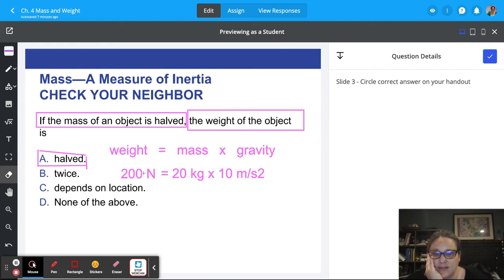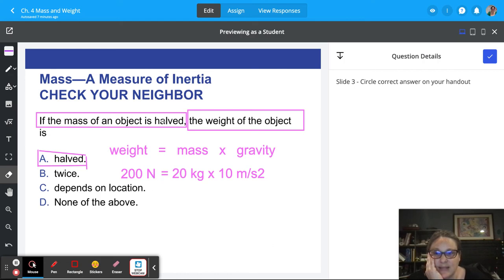So this is just picking somewhat arbitrary values here. I am using 10 meters per second squared for gravity. And then I'm arbitrarily picking 20 kilograms for mass, just as an example. And 20 times 10 would be 200. So that would be 200 newtons of weight.